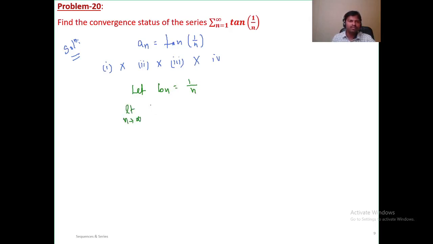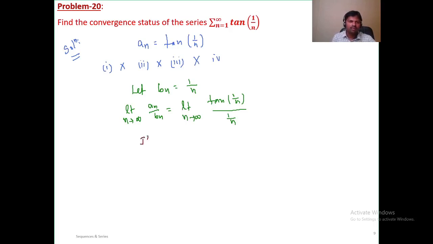Limit as n tends to infinity of An by Bn. What is this? Limit n tends to infinity. What is An? Tan 1 upon n. What is Bn? 1 upon n. Now here, listen carefully.